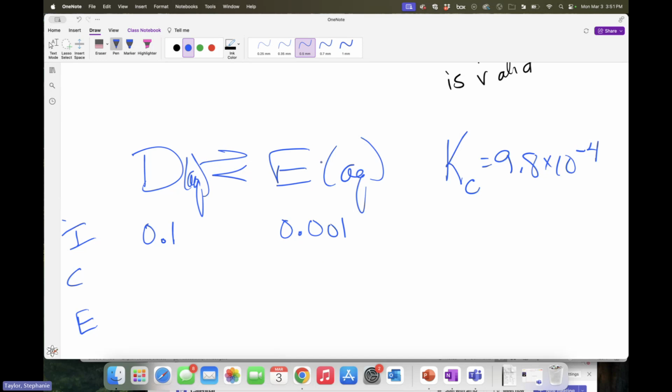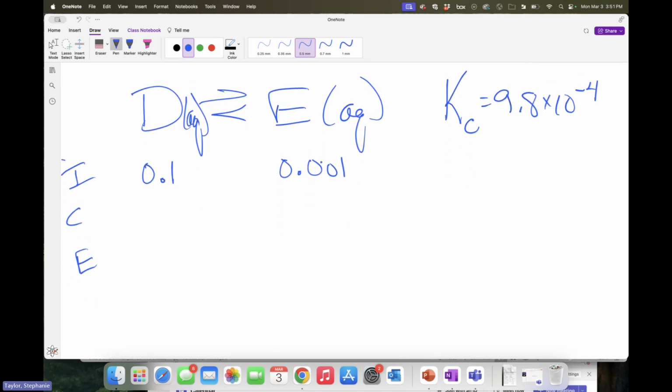So again, I know that this is a bit simple. This is a bit simple because I want to make sure that I can solve this problem. And when I make things up from scratch, sometimes I make it too complicated. So I now have initial concentrations for both.